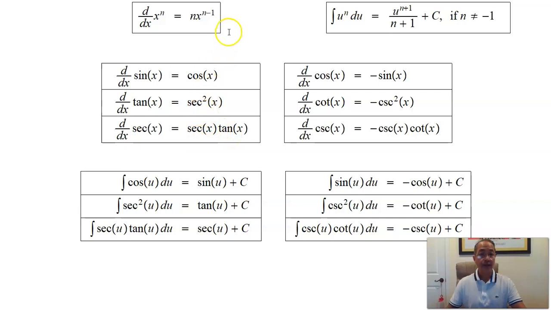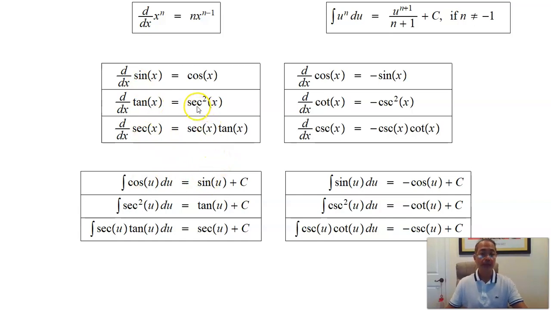Now, just like the power rule, these formulas give us corresponding antiderivative formulas. This time, the integral of cosine is sine plus the constant of integration. So sine and cosine exchange roles. Cosine is now in the integral, and sine is the answer, the antiderivative.